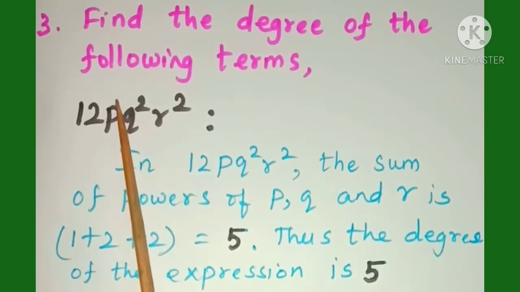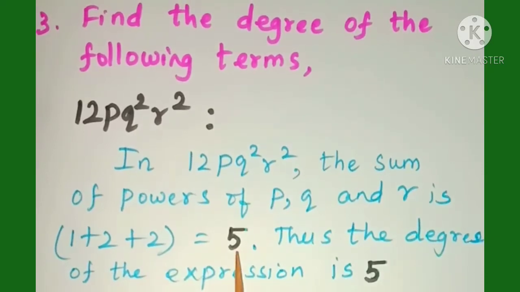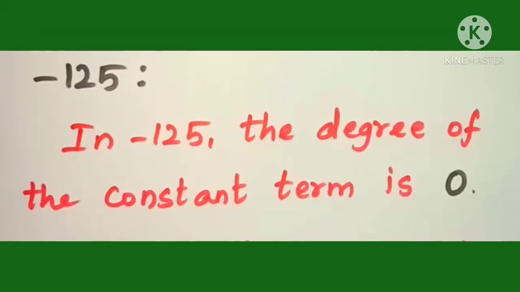That is 1 plus 2 plus 2, which is 5. So this 5 will be the degree of the expression. Now students, see the second term, it is a constant. So we know that the degree of the constant term is 0.